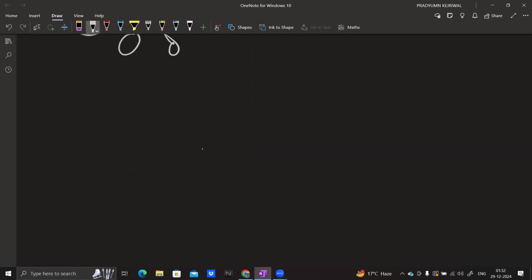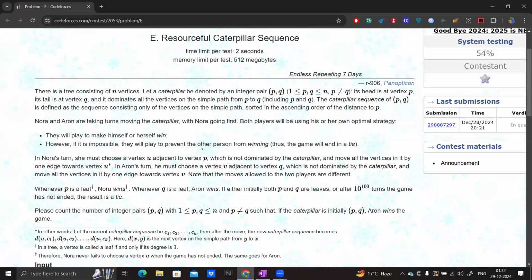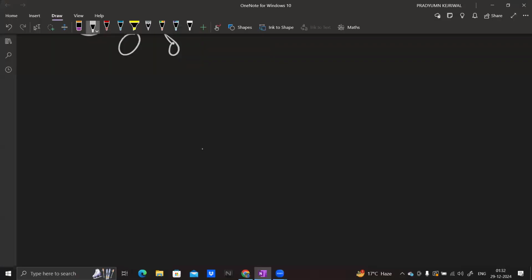So basically in this, of course, we have to think about when Aaron would win, when Nora would win, and when it would be a tie. Let's say we have a tree initially, and there is a caterpillar.